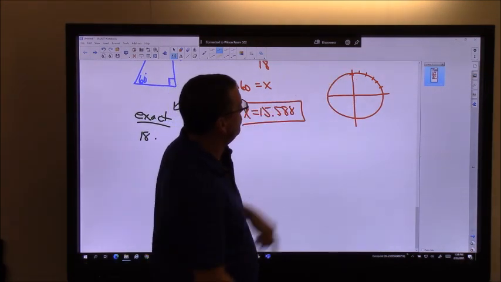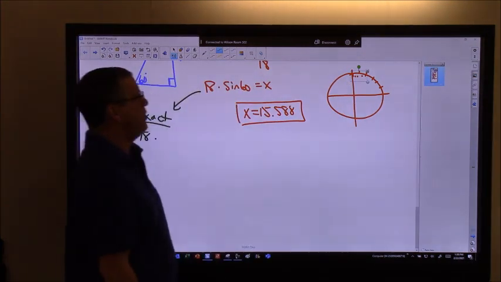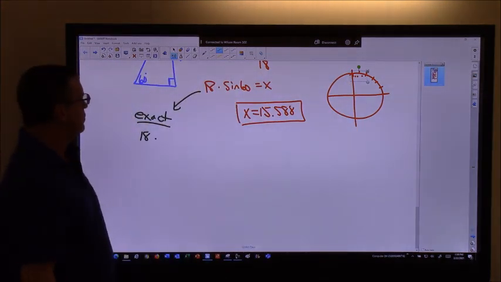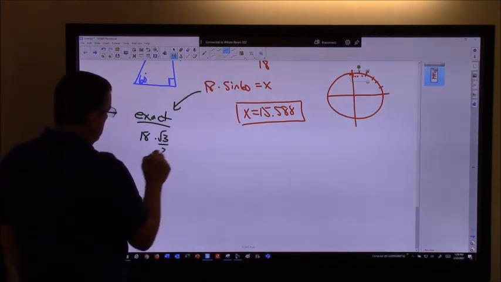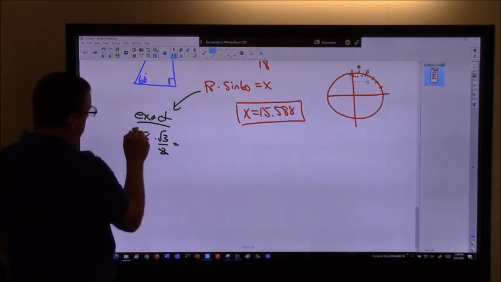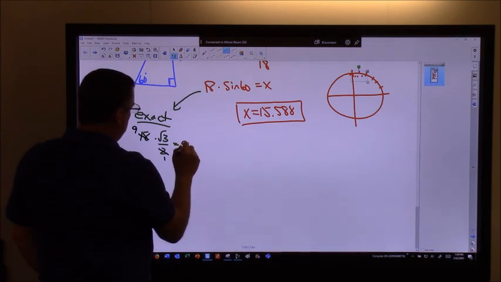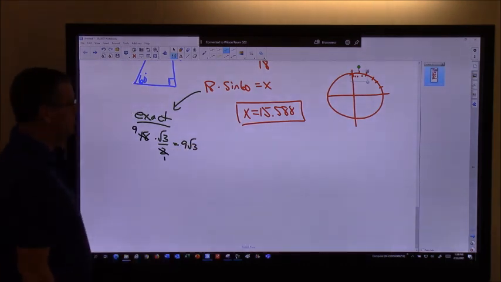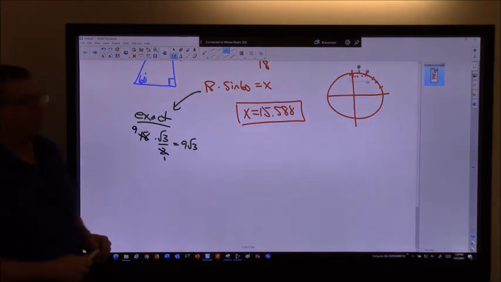If I come across to the y-axis, that does not look like the halfway point. It's going to be √3/2. And so let's see, divide both of these by 2, I get 9 and 1. So my answer here is 9√3. And if I punch that in the calculator, that's the decimal that I'm going to get.